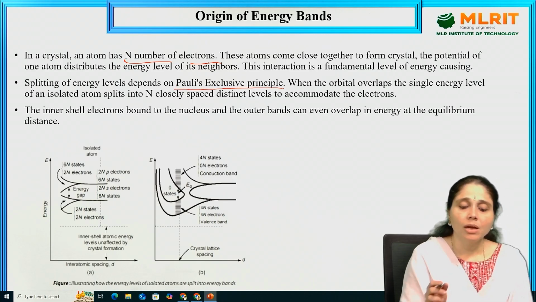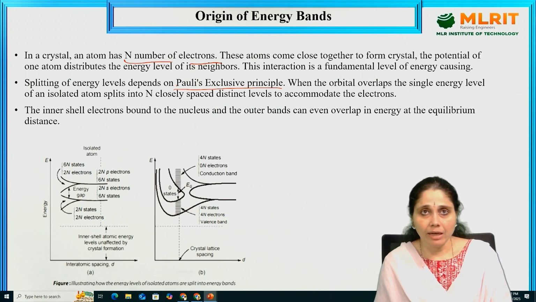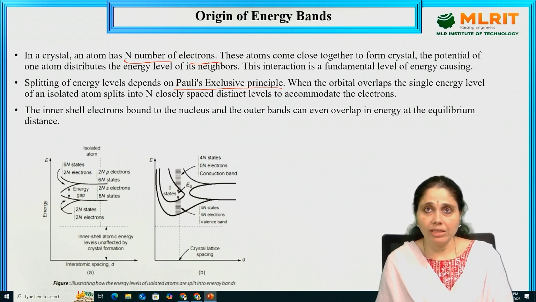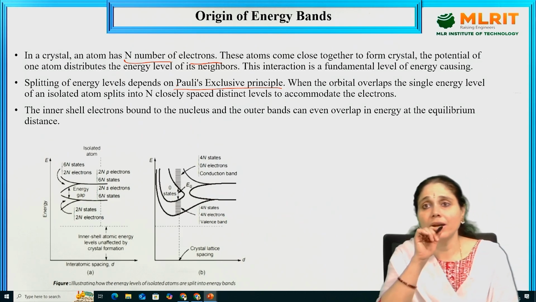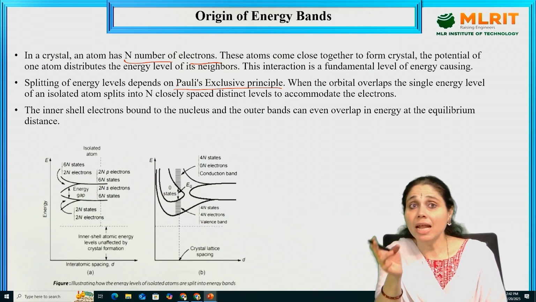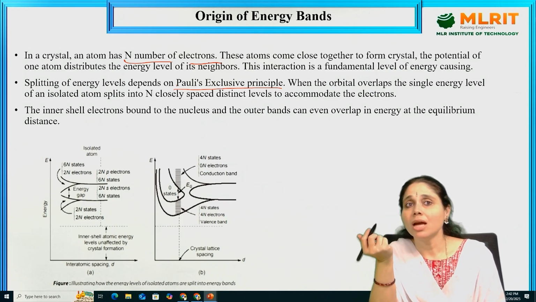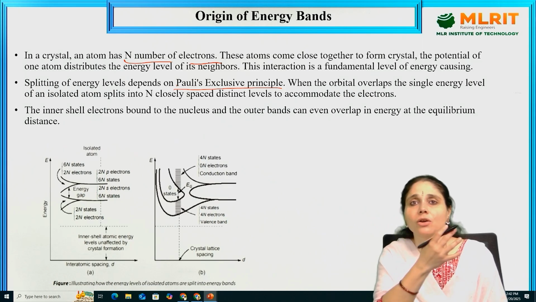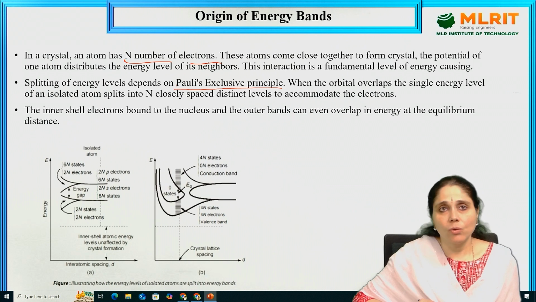When orbitals overlap, the single energy level of an isolated atom splits into n closely spaced distinct levels to accommodate the electrons. The inner shell electrons are bound to the nucleus, and the outer bands can overlap in energy at the equilibrium distance.